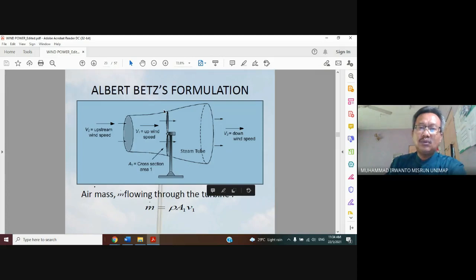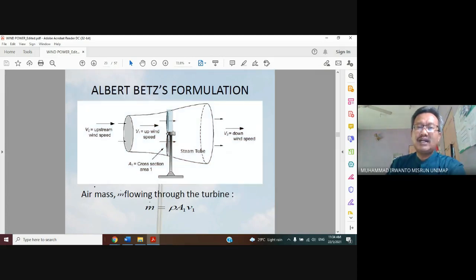Look at this wind power generation, the type of horizontal axis wind turbine. The condition of the wind speed can be divided into three parts.